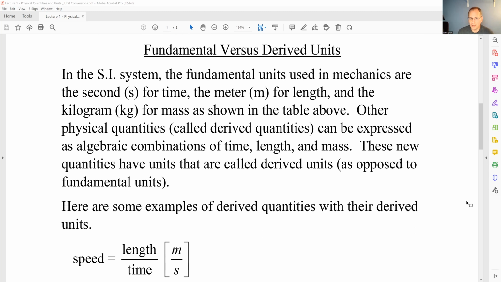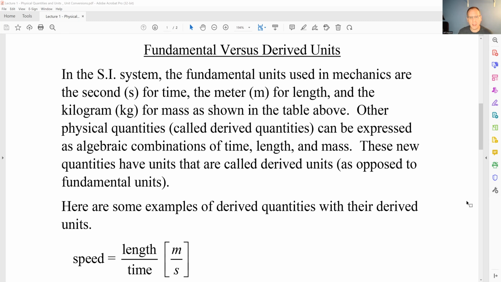Other physical quantities, which are called derived quantities, can be expressed as algebraic combinations of time, length, and mass. And these new quantities have new units. They're called derived units, as opposed to the fundamental units of second, meter, and kilogram.